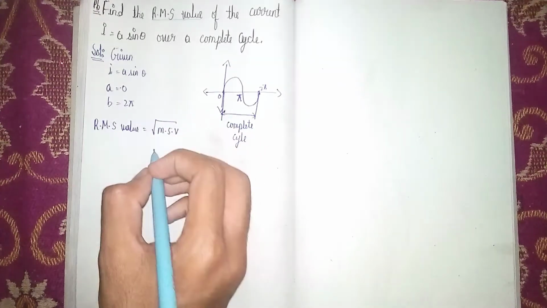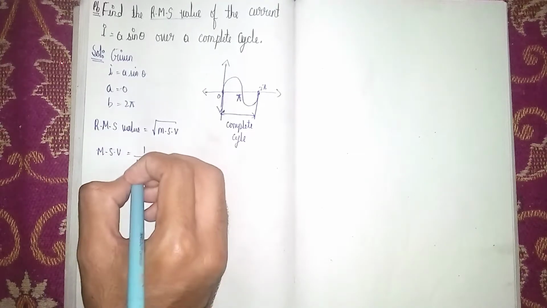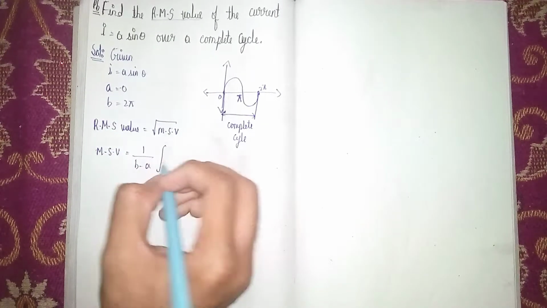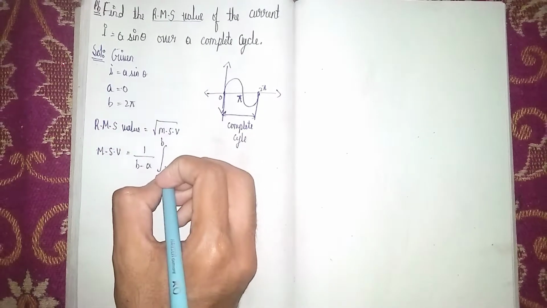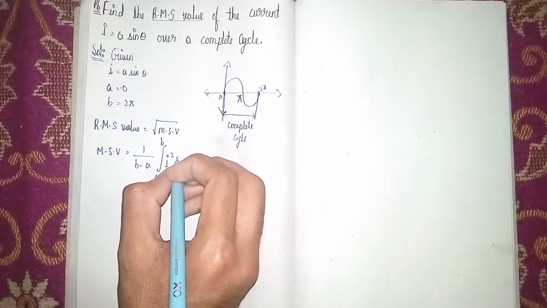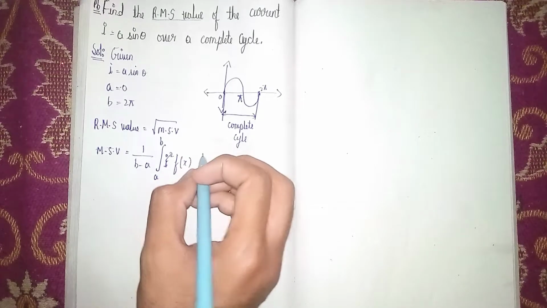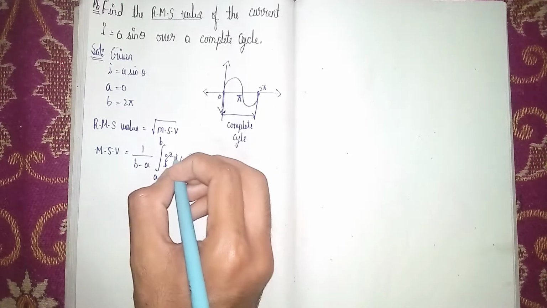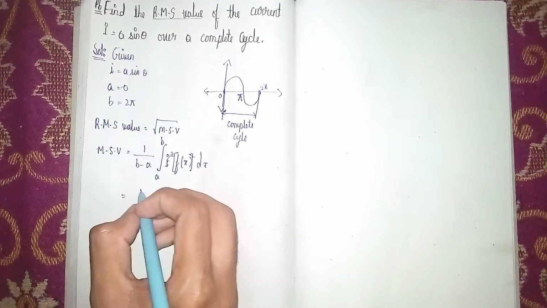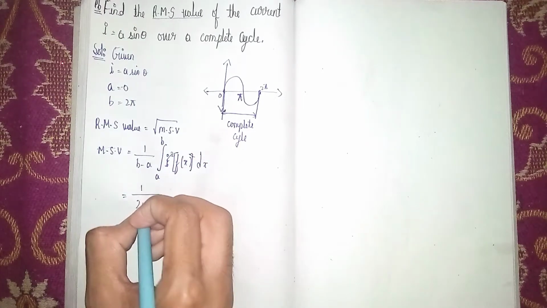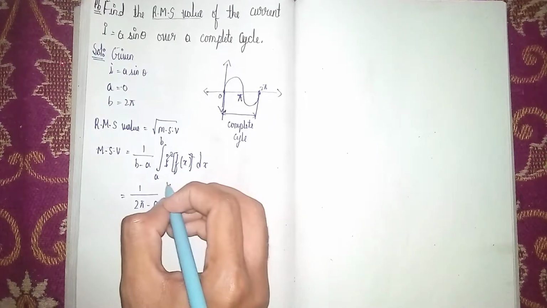The mean square value formula is MSV = 1 by (b minus a) integrate a to b of f of x whole square dx. This formula we are using. So here b is 2 pi, a is 0, integrate 0 to 2 pi.